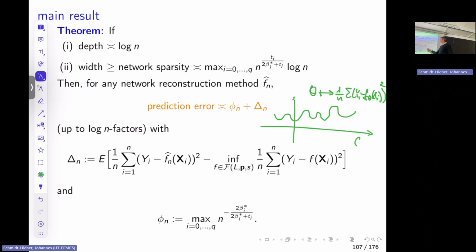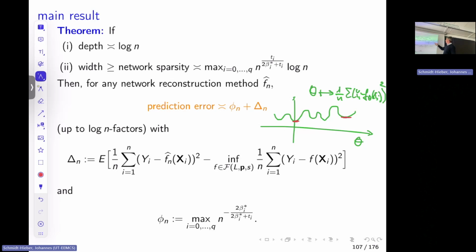Now, what this delta_n measures is how far down you get with your method in this energy landscape. So here, say, is the global minimum, and maybe your method ends up in this local minimum. This is the global one, which, because it's not computable, you won't find it.